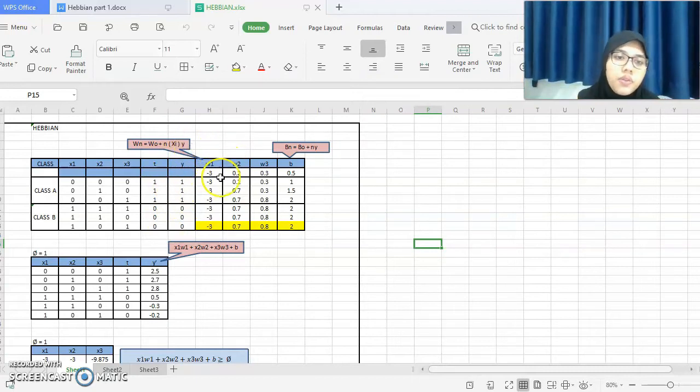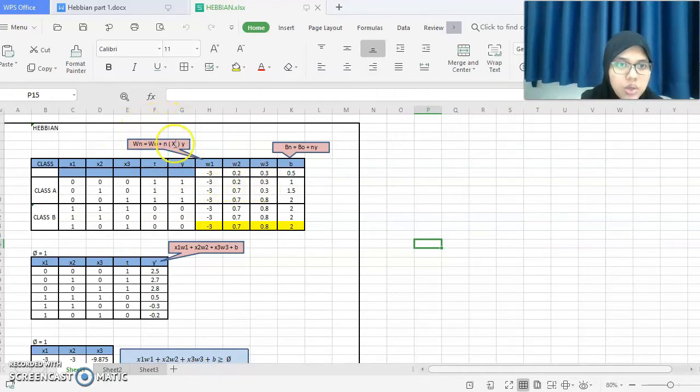In order for us to get the new value of W1, W2, W3, we will use this formula, which is W new is equal to W old plus N, which in our case N is equal to 0.5, multiplied by Xi, which is the X related to the W. For W1, the related one is X1, and multiplied by Y. So we will use this formula to get W1, W2, W3.